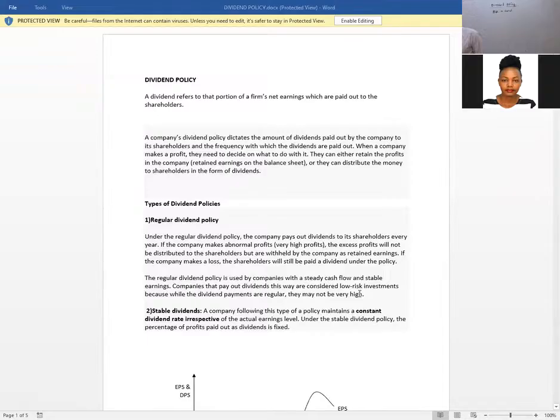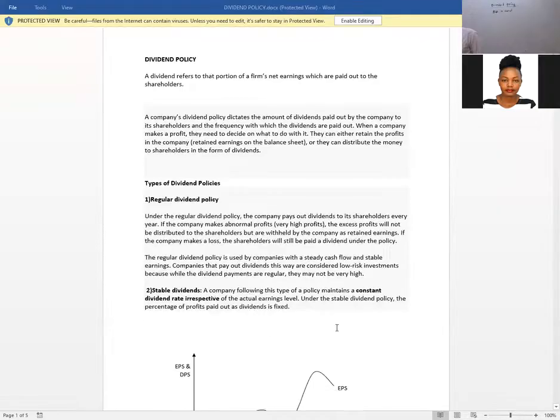For you to understand properly what regular dividend policy means, let's look at the stable dividend policy first. A company following this policy maintains a constant dividend rate irrespective of the actual earnings level. Under the stable dividend policy, the percentage of profits paid out as dividends is fixed.